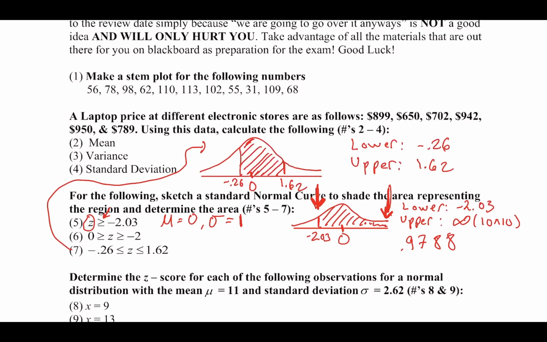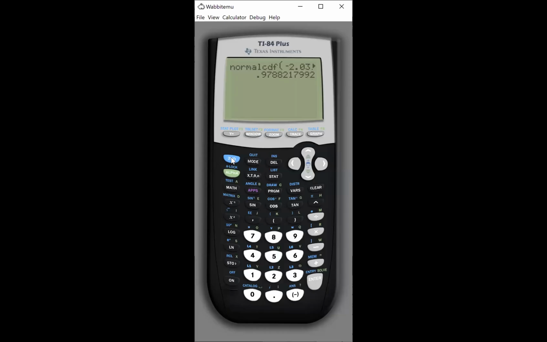All right, so I'm gonna go ahead and transition over. We'll do this with the TI-84 first, and then we'll do it with Classical. For the TI-84, once again, you go to second, VARS, normal CDF. The lower bound should be negative 0.26.